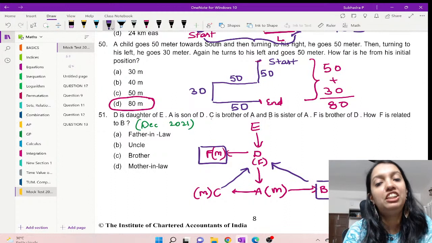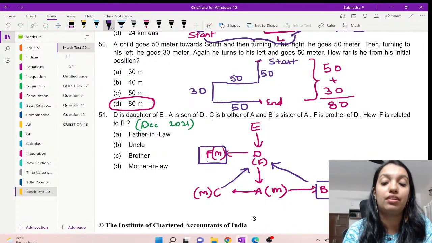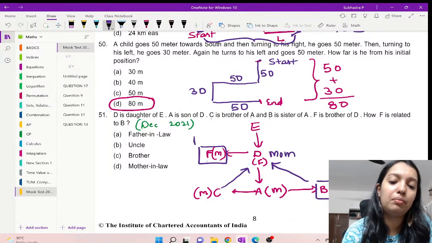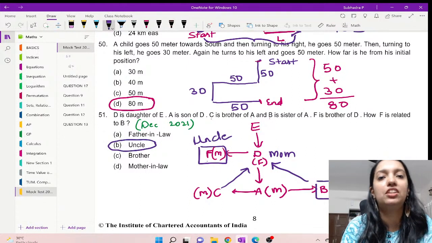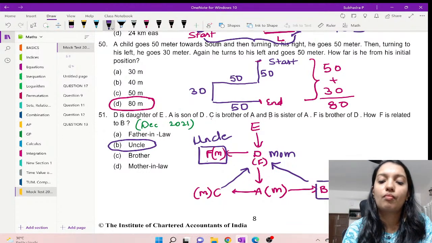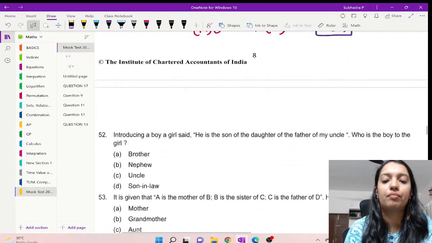All three of them are children of D. D's brother, so this will be mother. Mother's brother means uncle, maternal uncle. So the correct answer for this question is option B, 51st question. Maternal uncle, mom's brother.